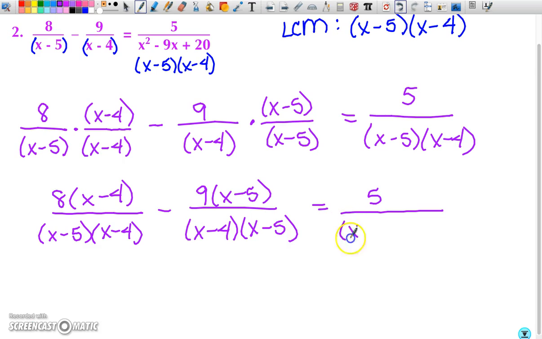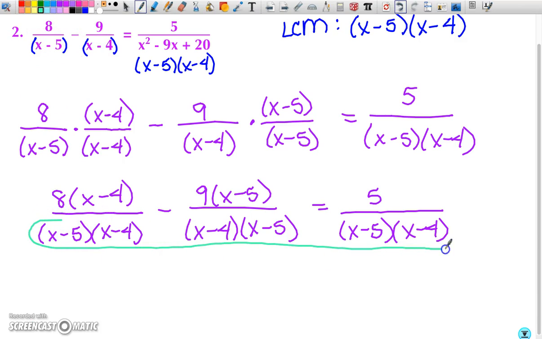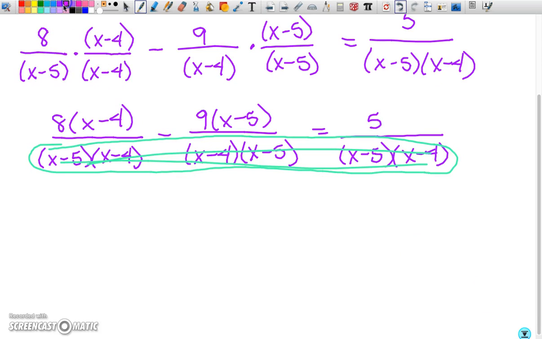There we go. x minus 5, x minus 4. So looking at this right here, noticing that these are all exactly the same, which is what we want, we get to ignore them now altogether and just look at our numerator.